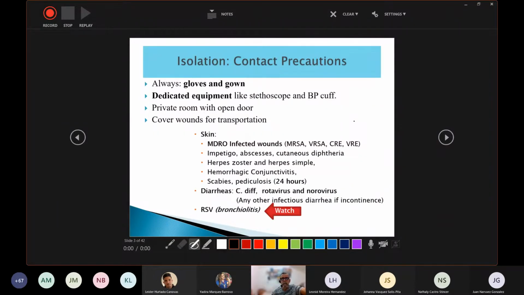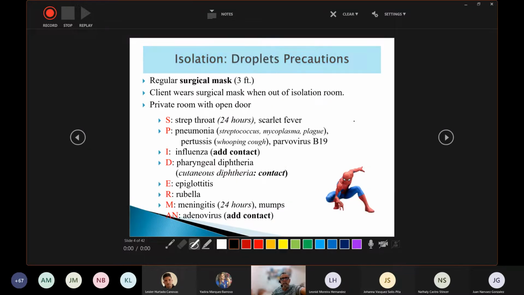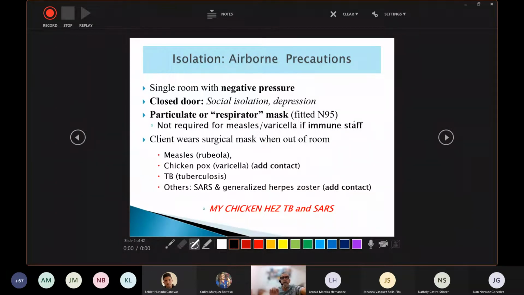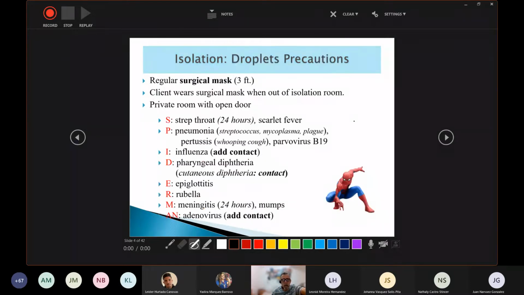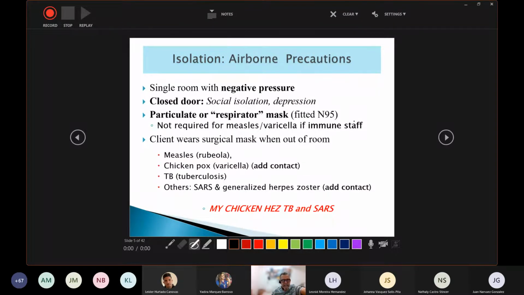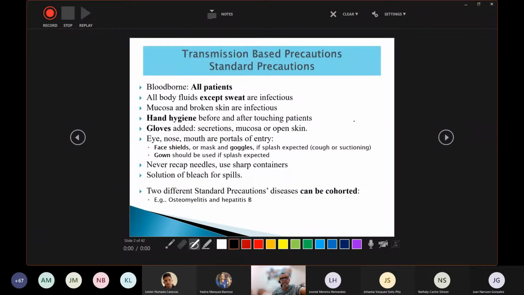Contact, droplet, and airborne require isolation. Isolation means that the patient needs to be alone in the room.